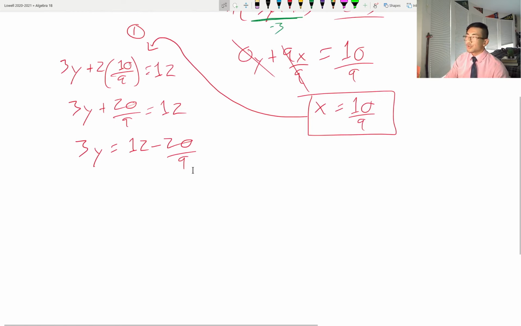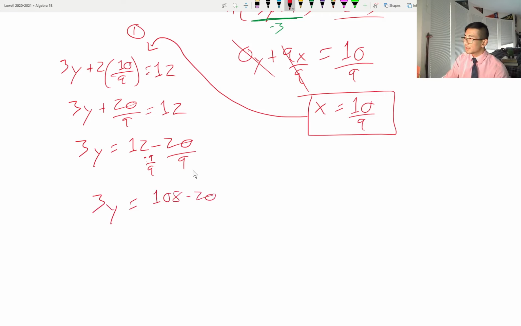I'm going to have to write 12 times 9 over 9 to get a common denominator. So I'll get 3y is equal to 108 over 9 minus 20 over 9, which is 88 over 9.